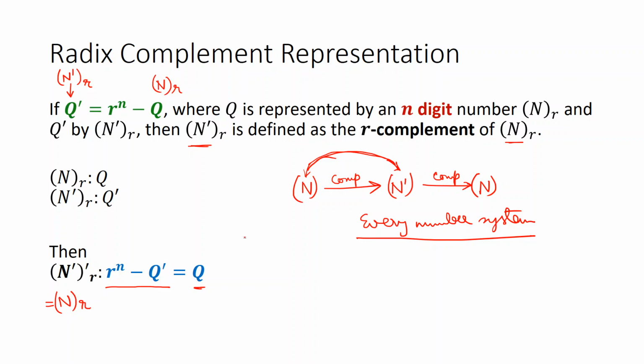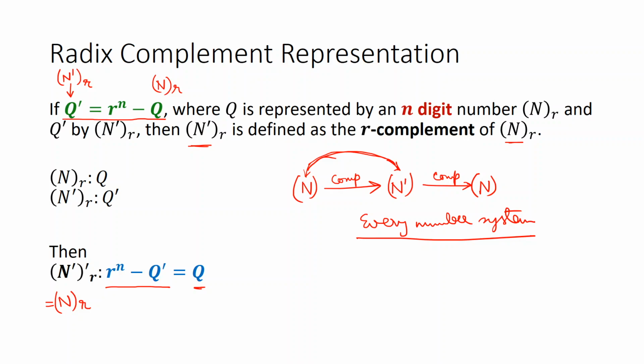So this is an observation. You have any two quantities which are related by this form, represented in the green text. If they can be expressed in this form, then the numbers used to represent these two quantities are called r complements of each other.